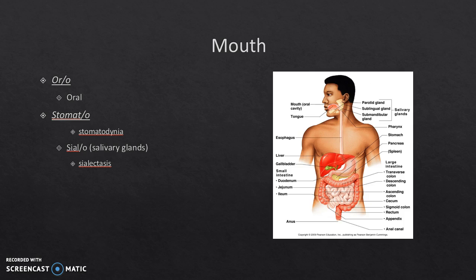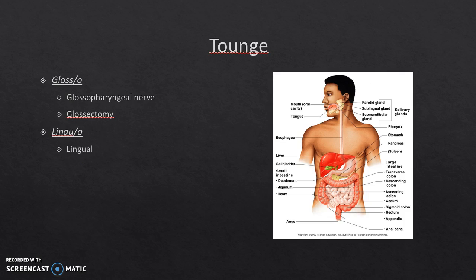Oral is pertaining to the mouth, and stomatodynia is pain in the mouth. And then also inside the mouth is sialo, which is salivary glands. So make sure you're paying attention to these terms and understanding them.